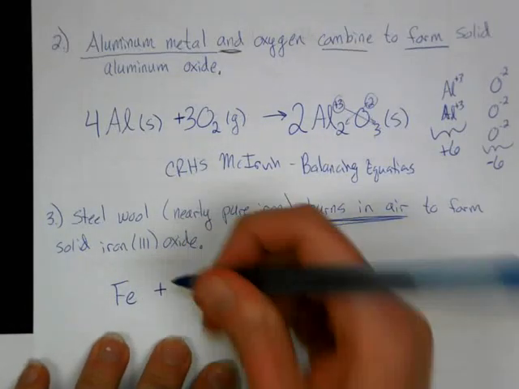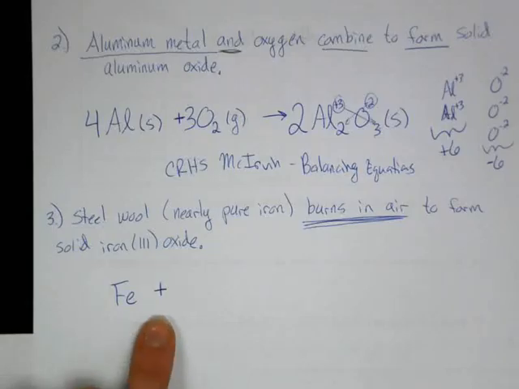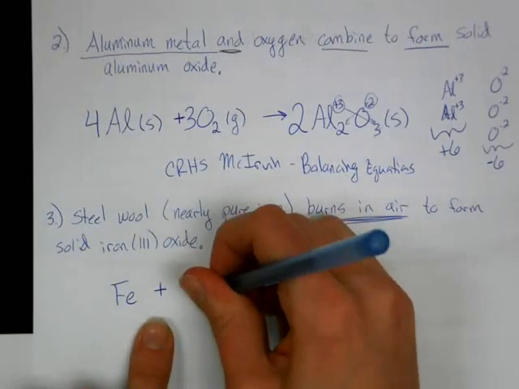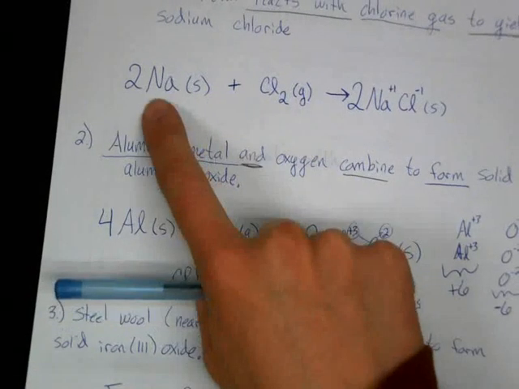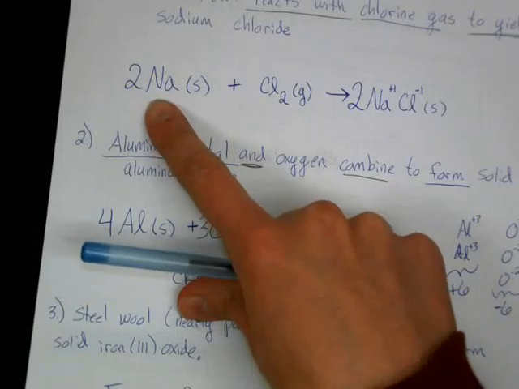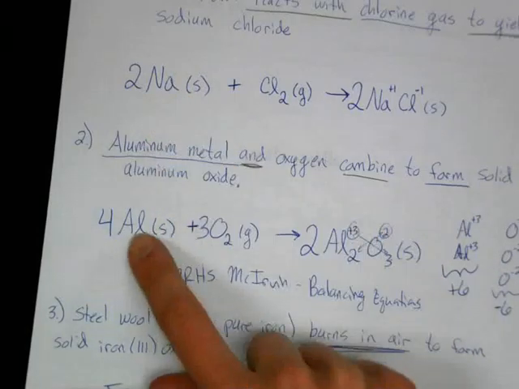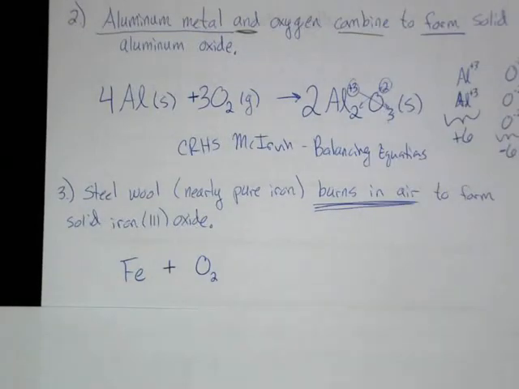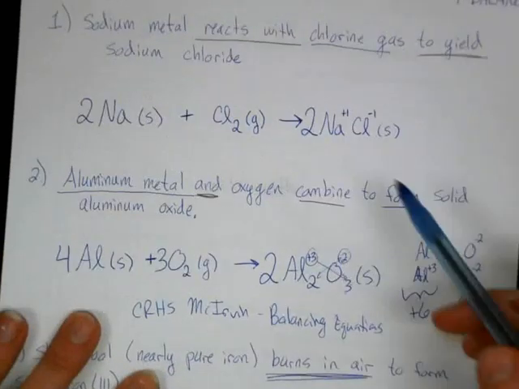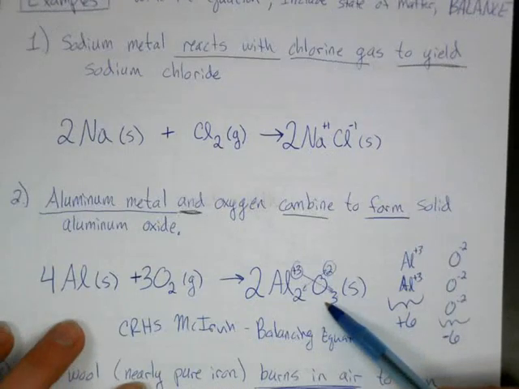Anytime you see something that says burns in air, it's reacting with, so I'm going to add my plus sign, oxygen, which because it's a diatomic, I put O2. Now, iron, aluminum, sodium, they are not diatomics, which is why I have not been putting 2's in the bottom right corner. It's only for those 7 that we see.